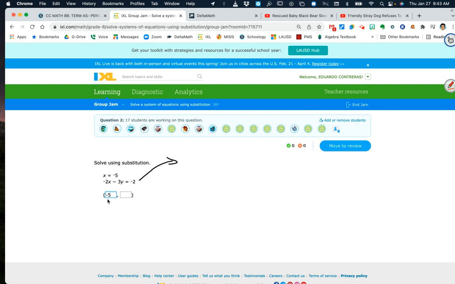Well, first of all, copy the equation. And then we got negative 2x minus 3y equals negative 2. We're going to replace x with negative 5.